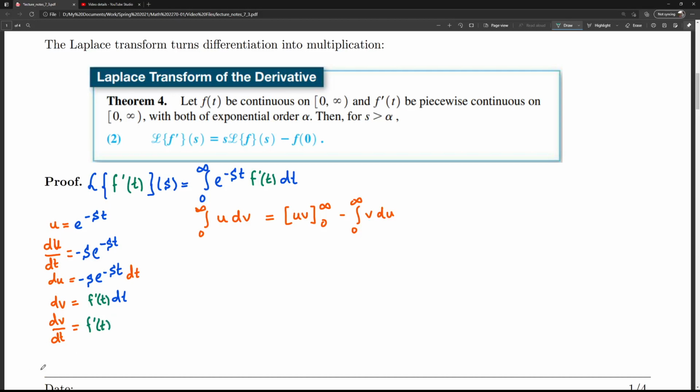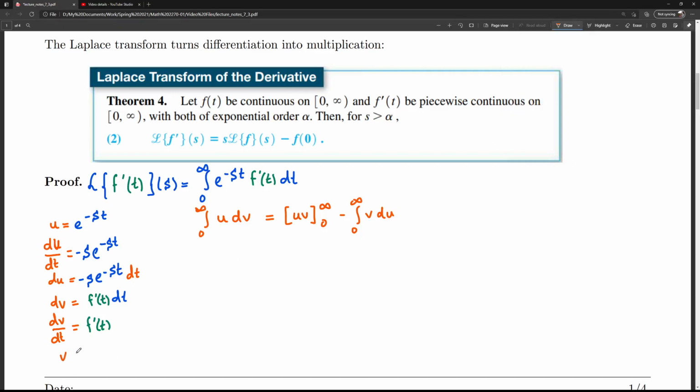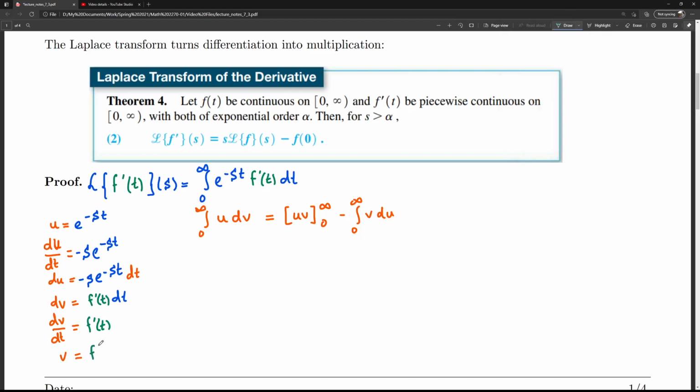And that means that if I integrate both sides, v is actually equal to f of t. And so these are my ingredients for my integration by parts.